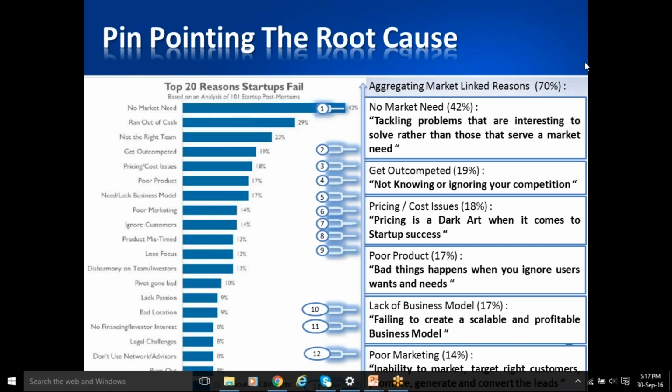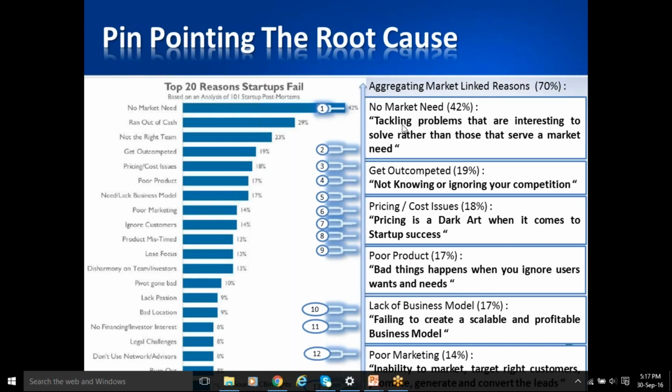The first one, 42%, is linked with no market need. That means in excitement we launch some product or solution which is actually not required in the market.